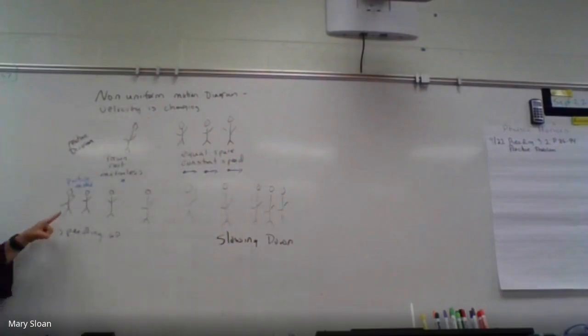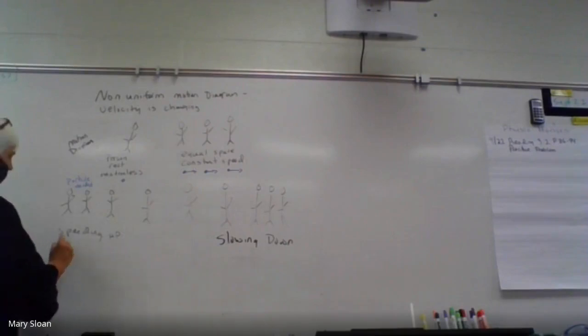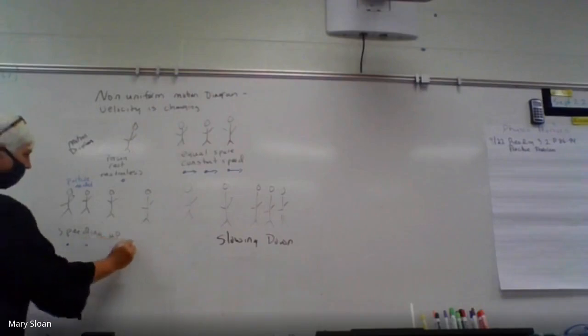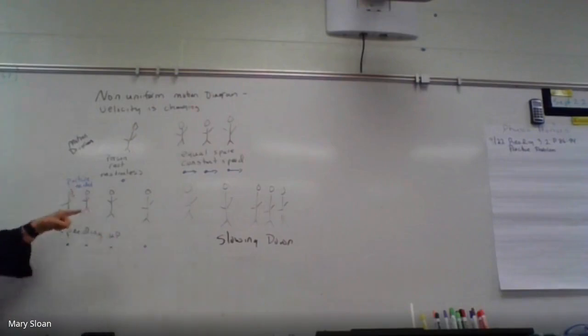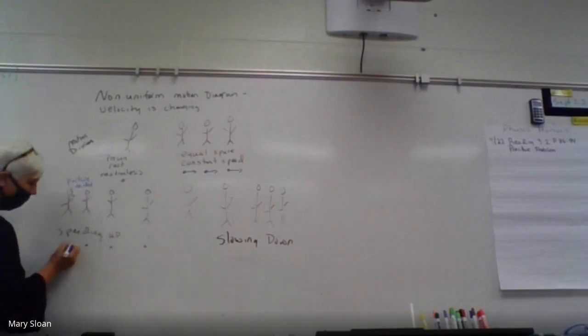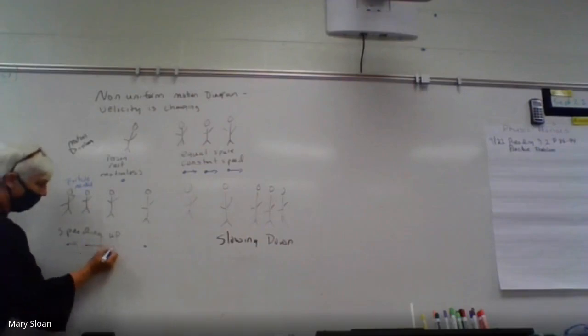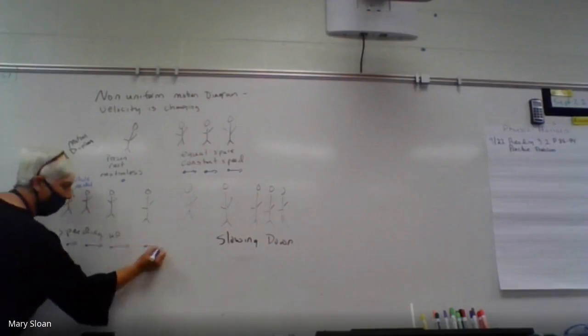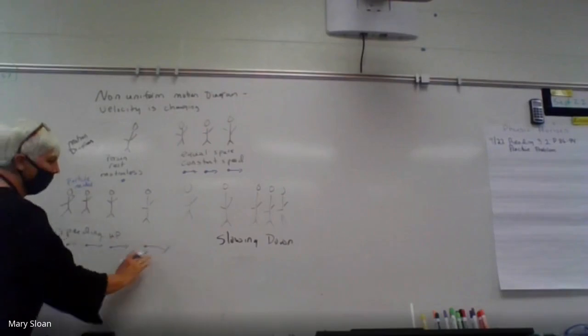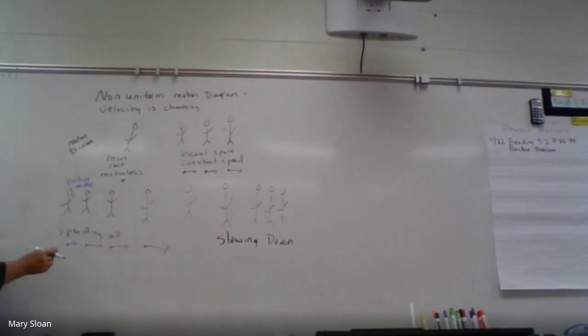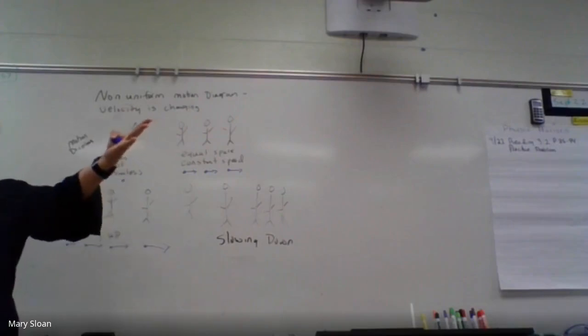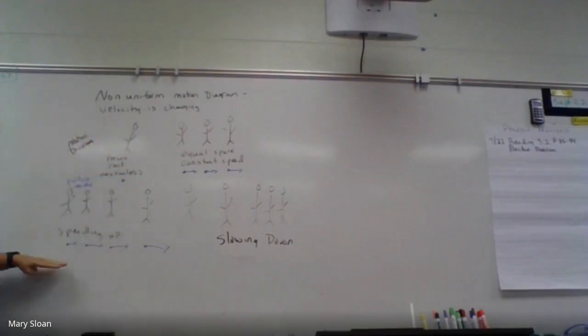How about this one with something speeding up? You're going to start them out close and then slowly start spacing them apart depending on how fast they go. Okay. I put them where my people are. What's going on with my vector lines? They should be further apart and they should be longer. Got it? So that's that one.